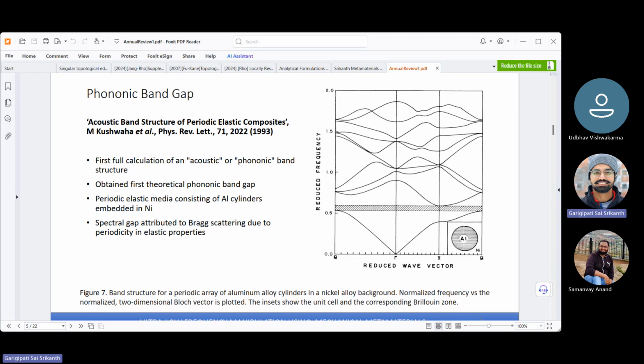All we have studied so far is in 1D. And they say that this gap is attributed to Bragg scattering. So what is Bragg scattering? Try to understand Bragg scattering.